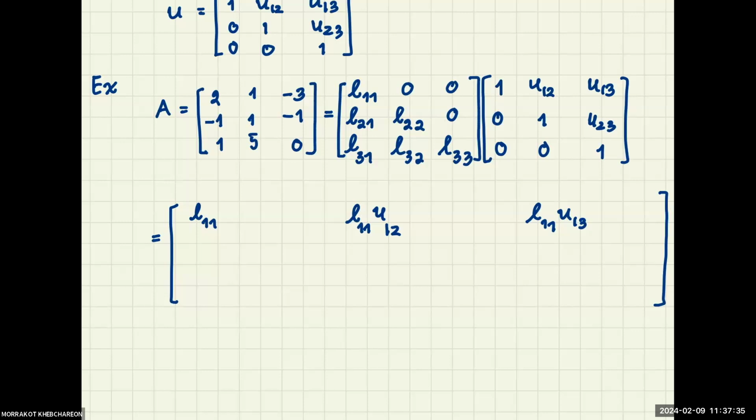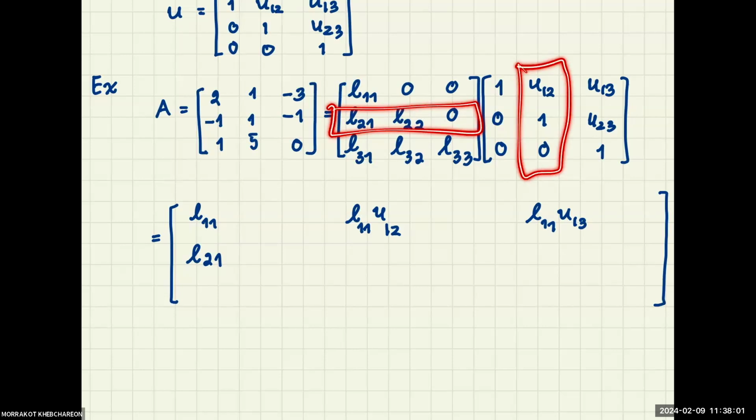Okay, 21 here. So it's from the second row multiplied by the first column. Second row, second column, it's similar: you write down L21 here, L22 here. You do multiply and then add.